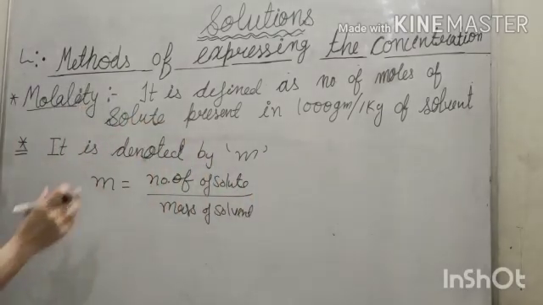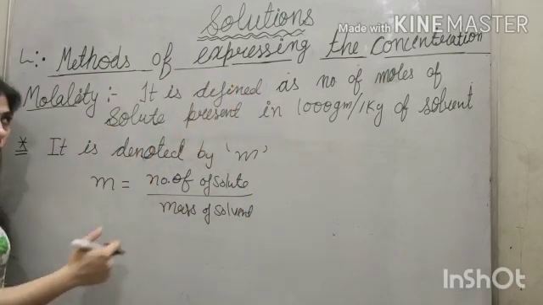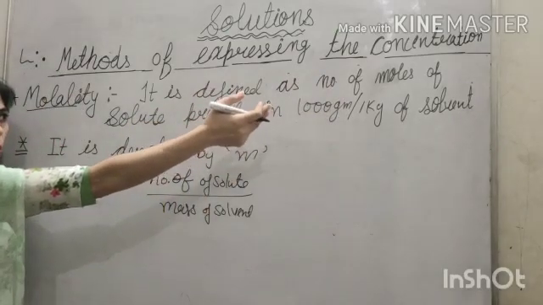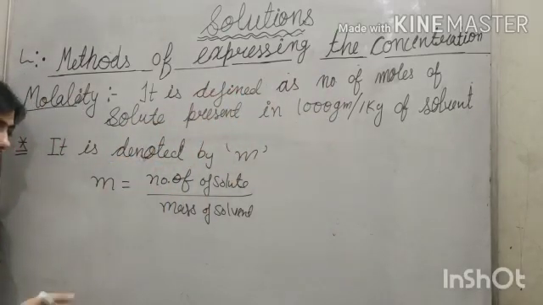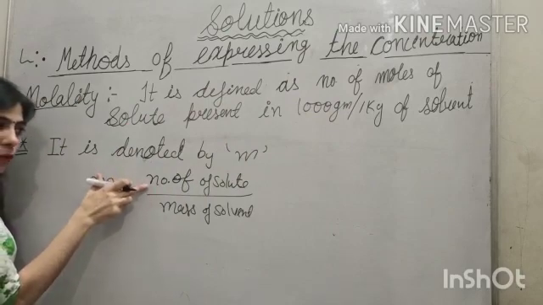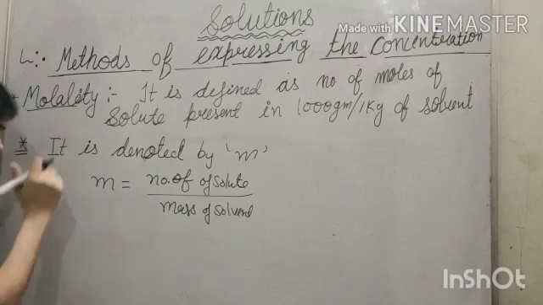So, according to the definition, molality is equal to the number of moles of solute present in 1000 g or 1 kg of the solvent.